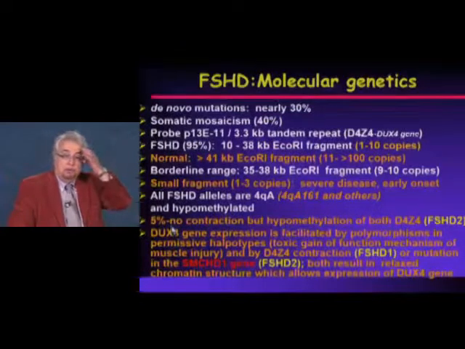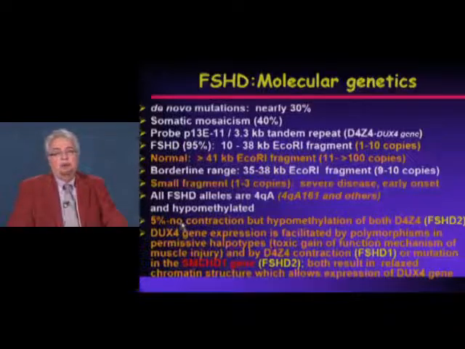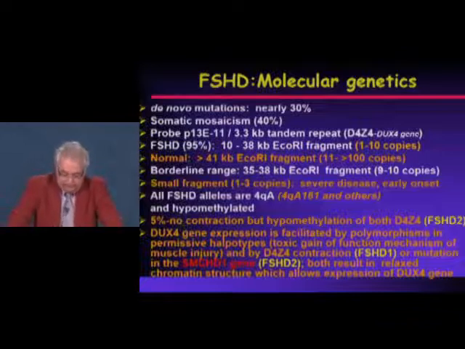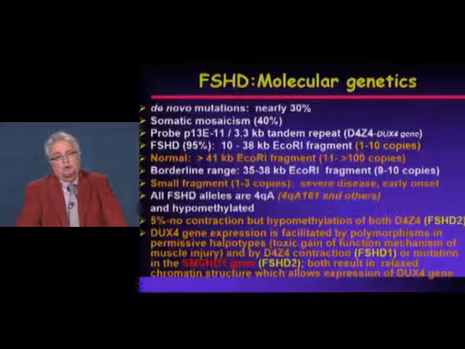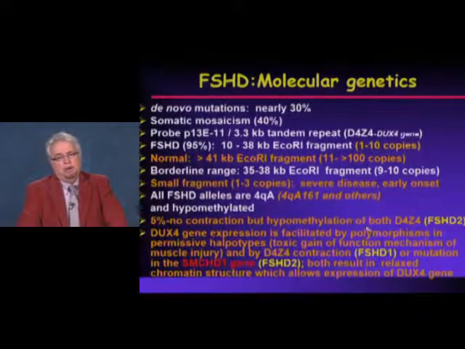In about 5% of the patients who do not have a contraction, how does FSH happen? In those patients, it was found that on both chromosomes, this repeat array seems to be hypomethylated.